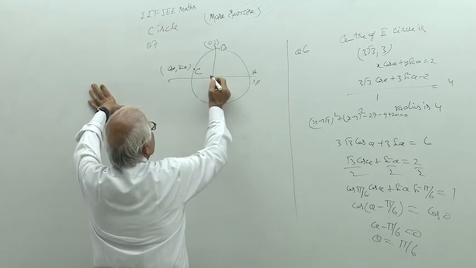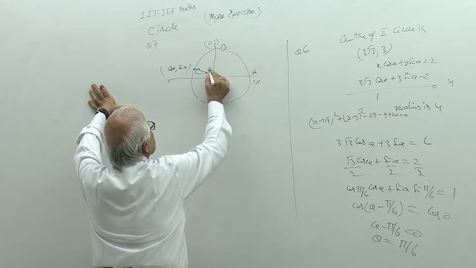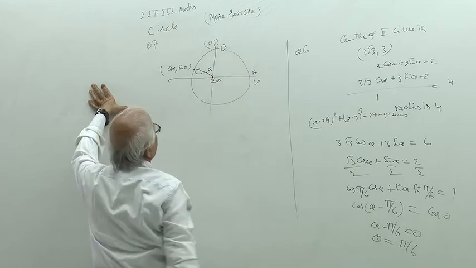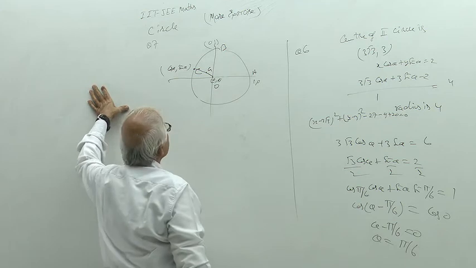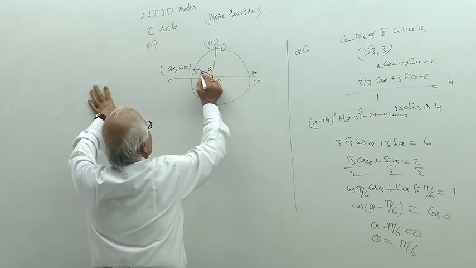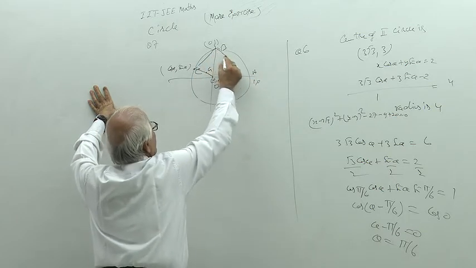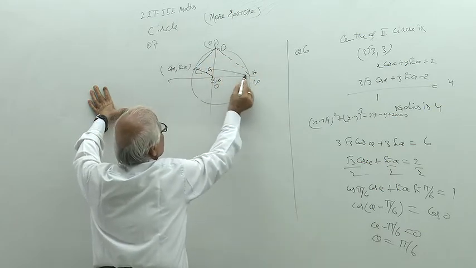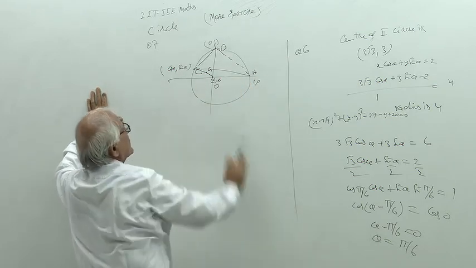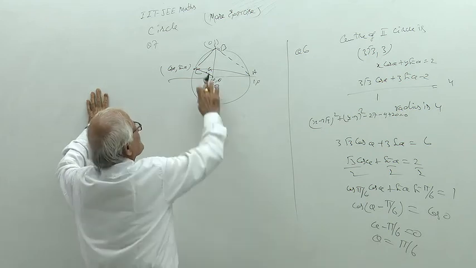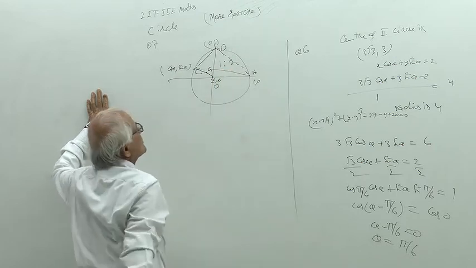Therefore, we know that if we take the centroid G, then G divides the line OC in the ratio 1:2. Suppose this is a triangle. Then the circumcenter will lie on the OC, and G will divide it in the 1:2 ratio.